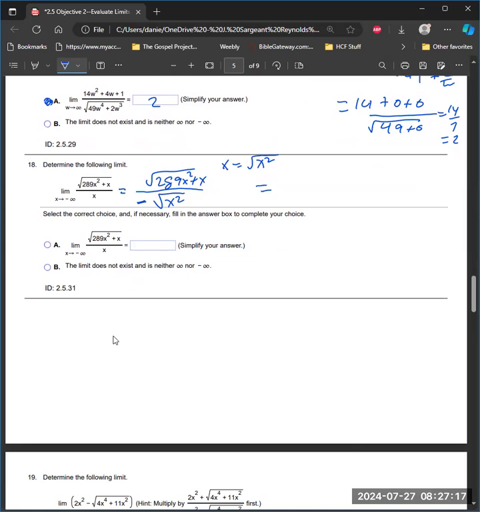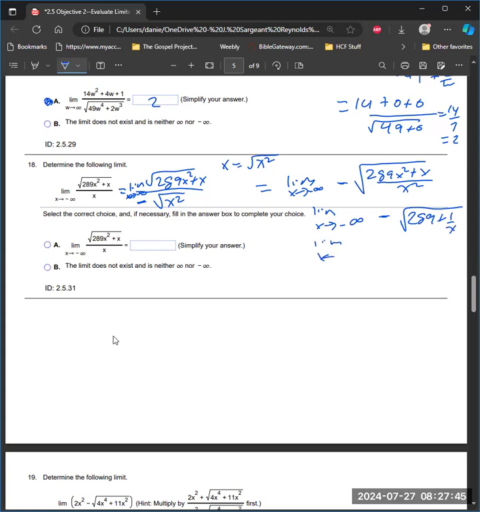So I'm going to make this a limit as x goes to negative infinity, a negative, and then big square root of (289x squared plus x) over x squared. The limit as x goes to negative infinity of negative square root of 289 plus 1 over x.